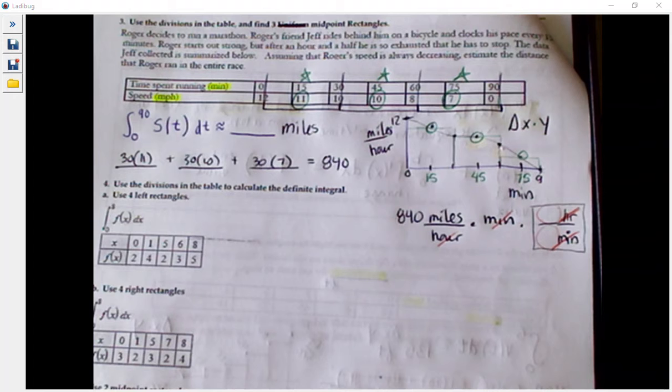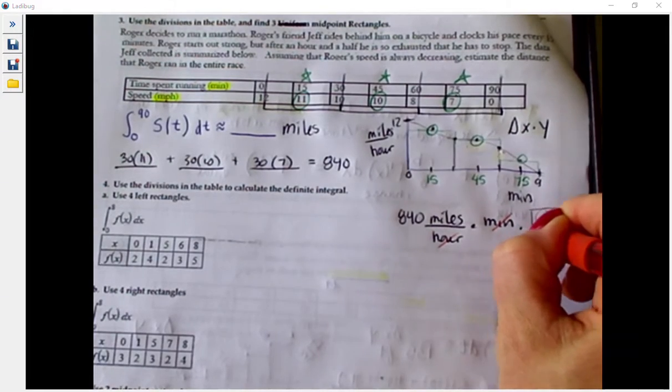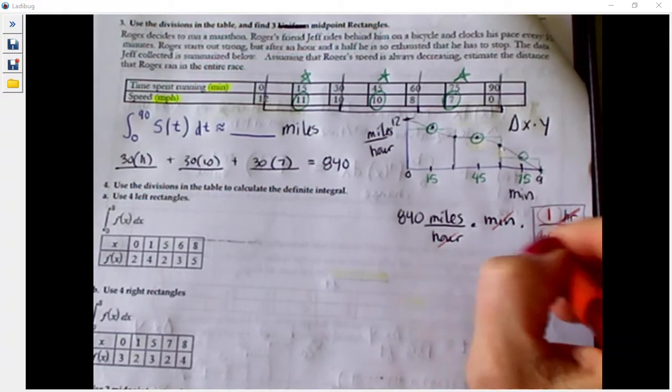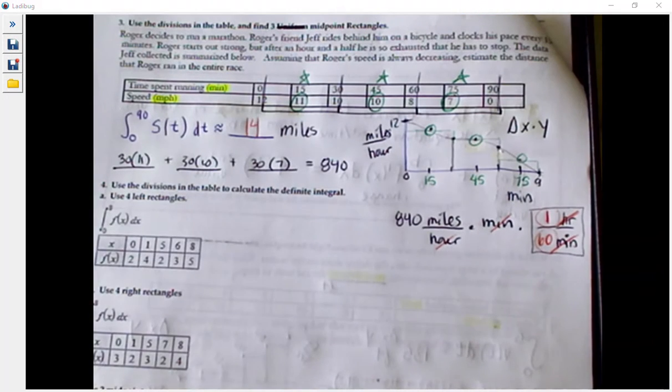Miles. Look, what's left? Just miles. So we get 1 hour is 60 minutes. So I divide, and I get 14 miles. So he ran 14 miles in 90 minutes, and that was too fast, and he was done. Not bad. That is kind of fast, but not far enough.